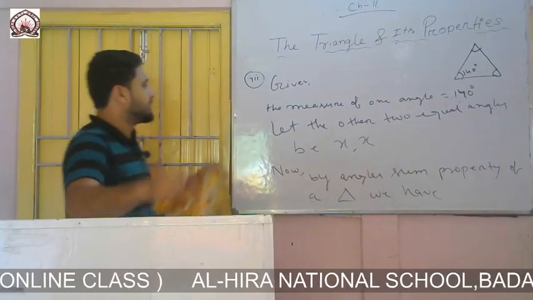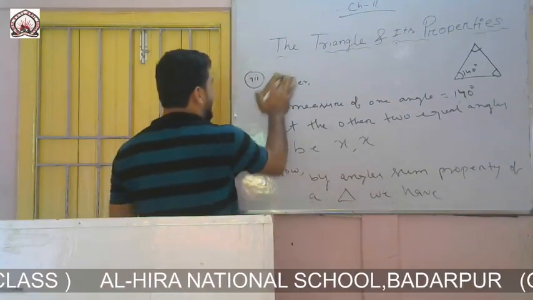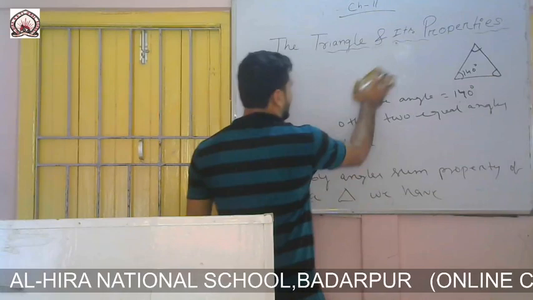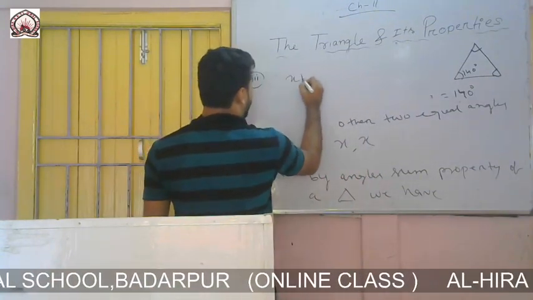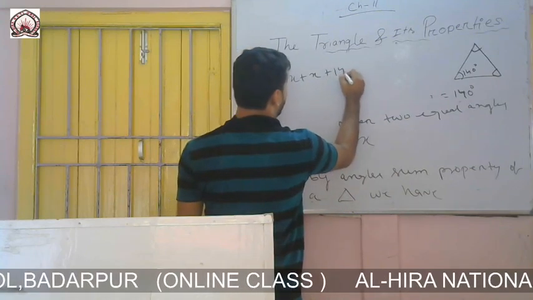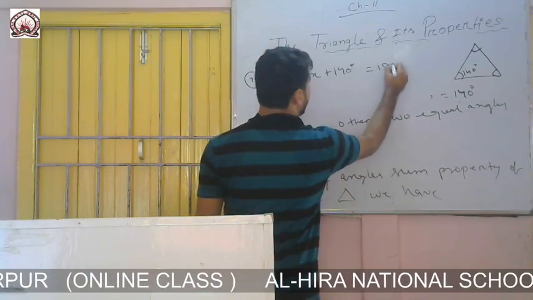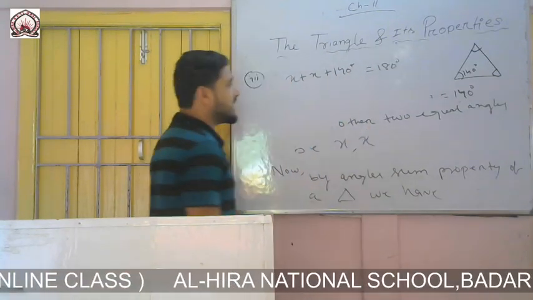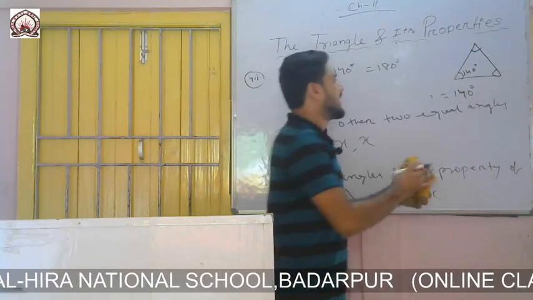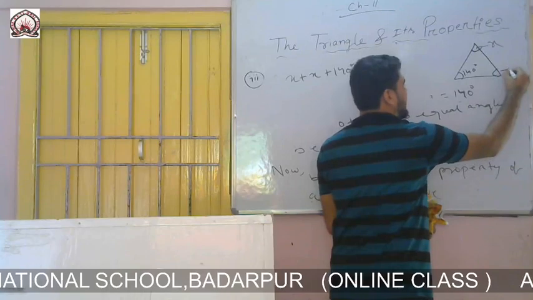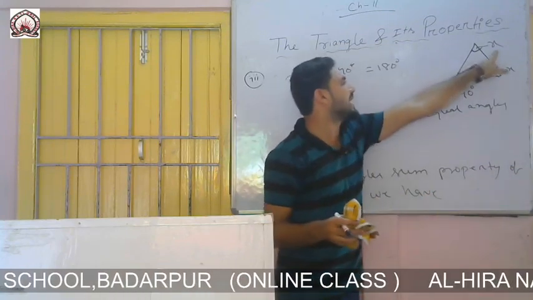after that you just look at the upper portion. We have x plus 140 degree equals 180 degree. You see how it is? We don't know the two equal angles and we let it be x. Both the angles will be x. Why?